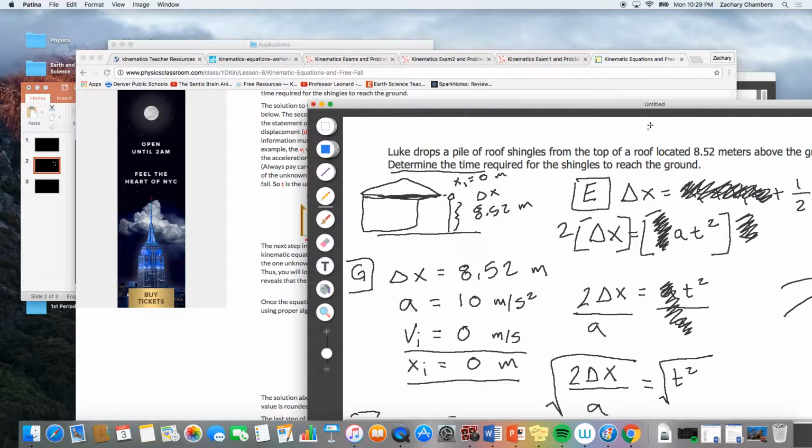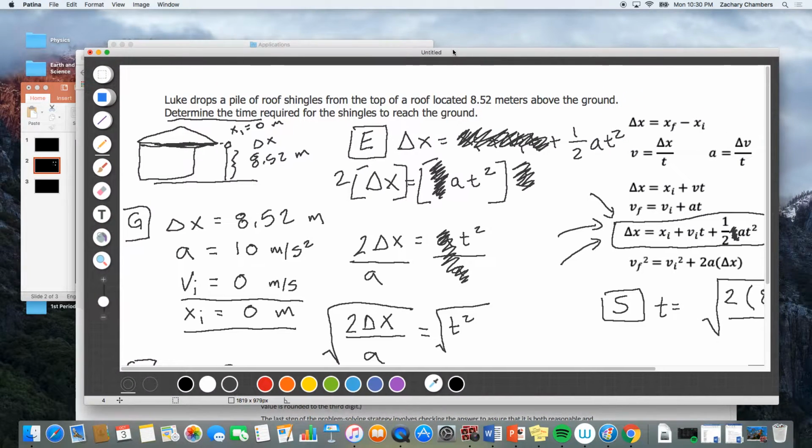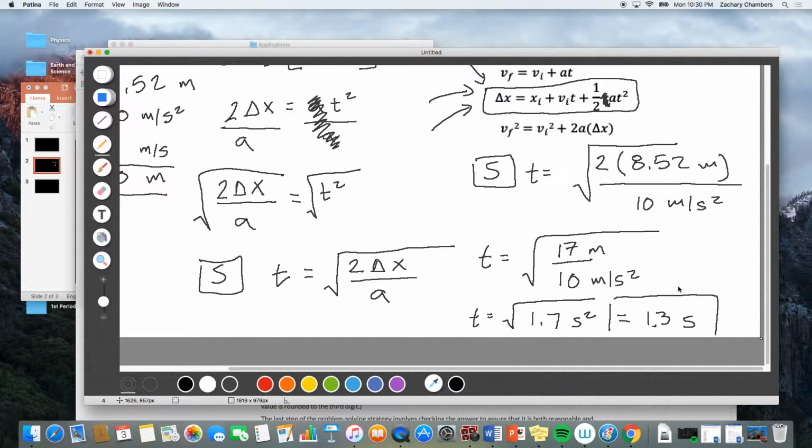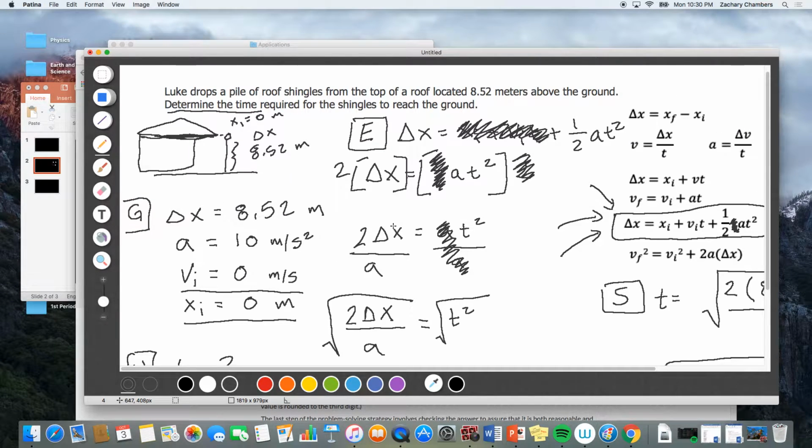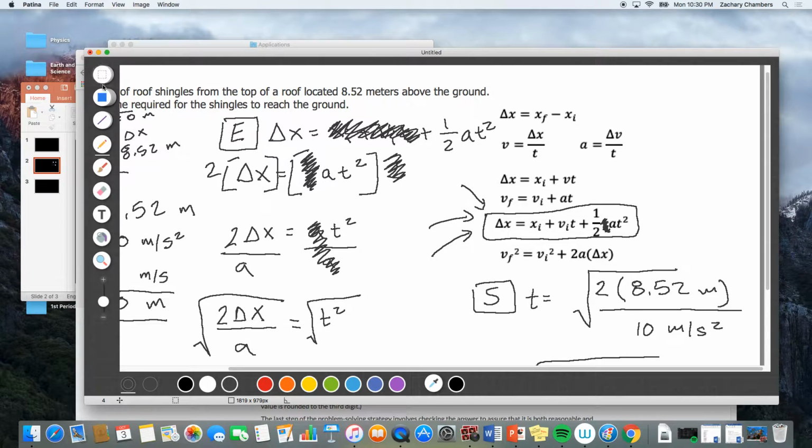What do we get? We got t equals 1.3. Close enough. If I would have kept that 17.04, whatever that was, that's probably where that extra 2 disappeared to. But 1.3 is a perfectly good answer.